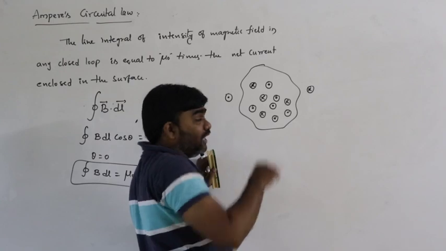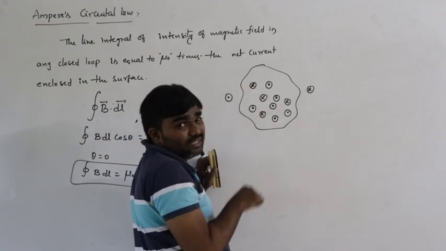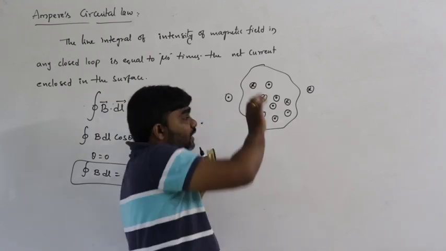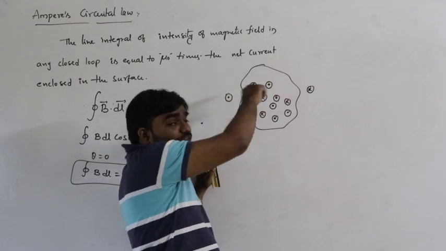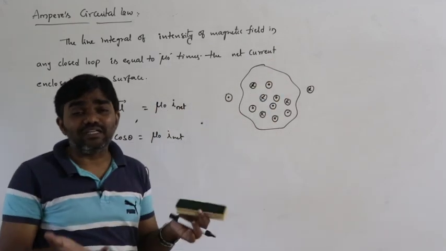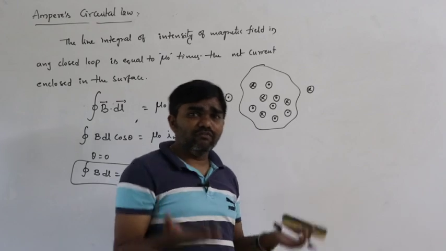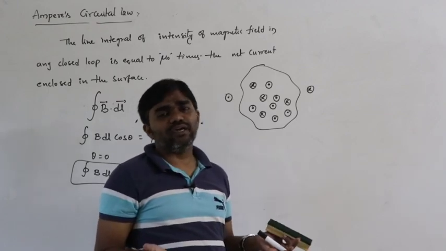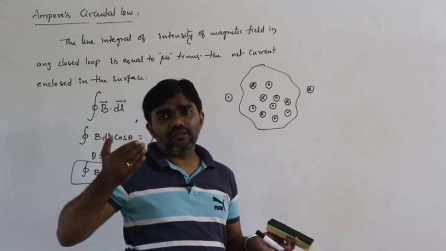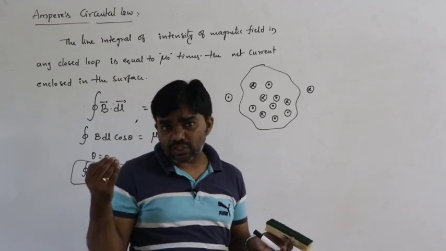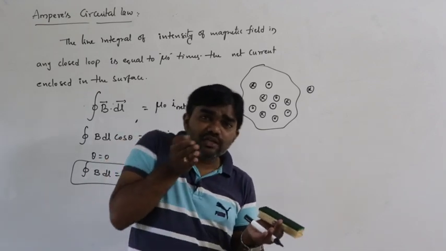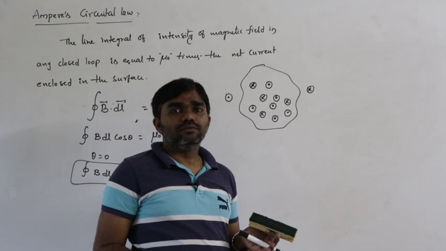If inward current is more than the outward current, then the direction of the magnetic field is clockwise. That is the important measure. Anyone we can consider positive and anyone negative.